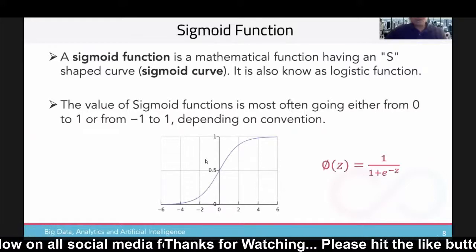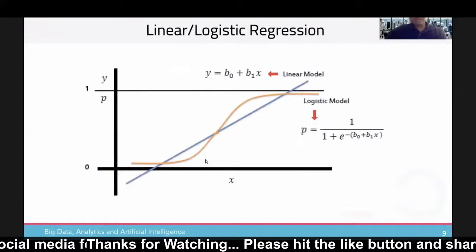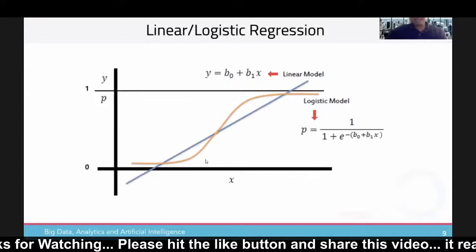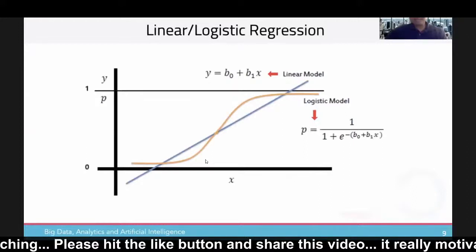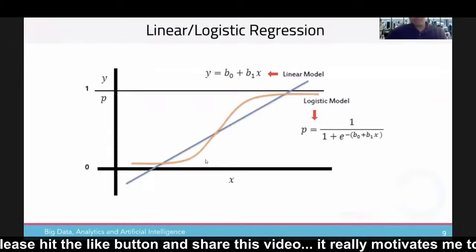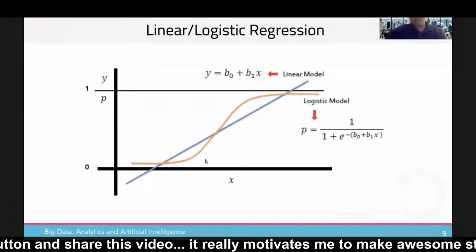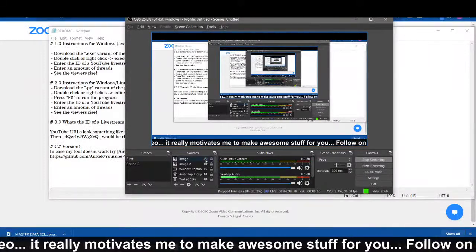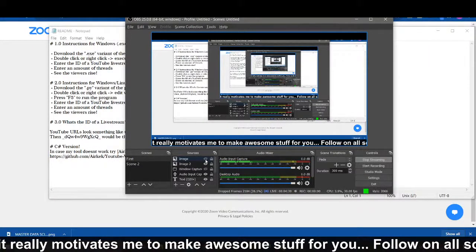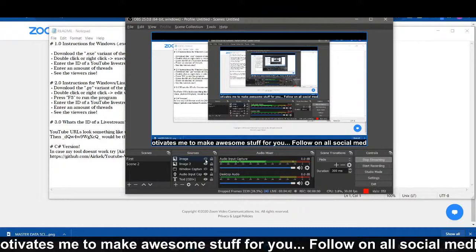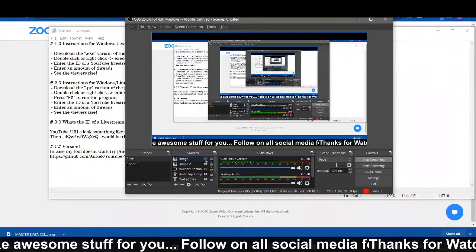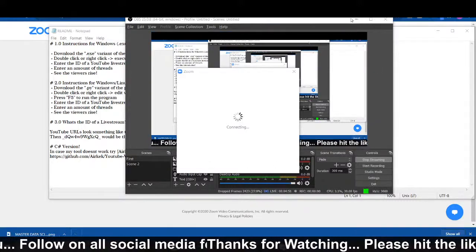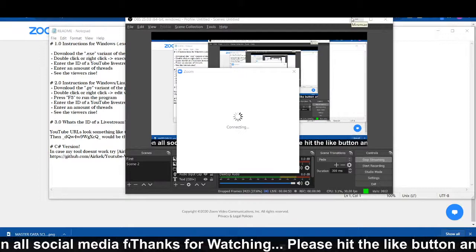Now, if we see the linear equation in logistic regression, whenever you have a linear model, the rate is going on this scale, as you know from geometry, or state 1.